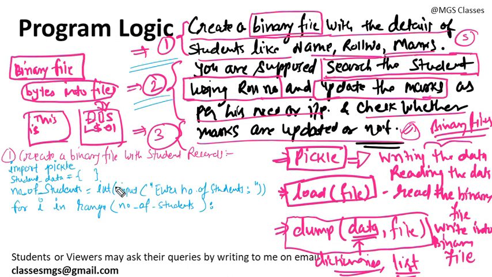So what we need to do, we need to prompt the user for the name. We are going to take the name, the roll number, and the marks, and put them into the student dictionary. So student_data, and then we are inserting the roll number. First we are taking the roll number.